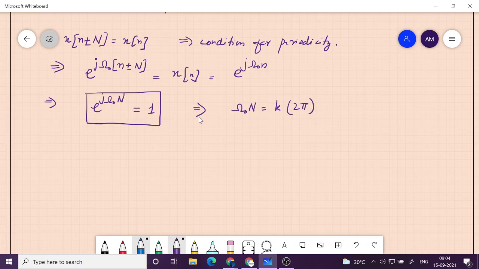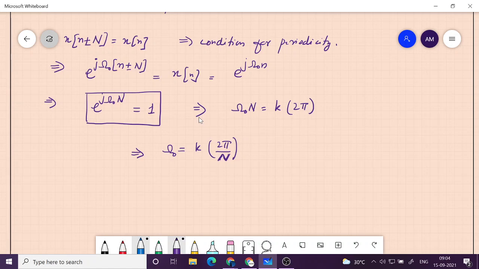So therefore, omega 0 should be k into 2 pi by N. Okay, omega 0 should be k times 2 pi by N, where N is an integer.